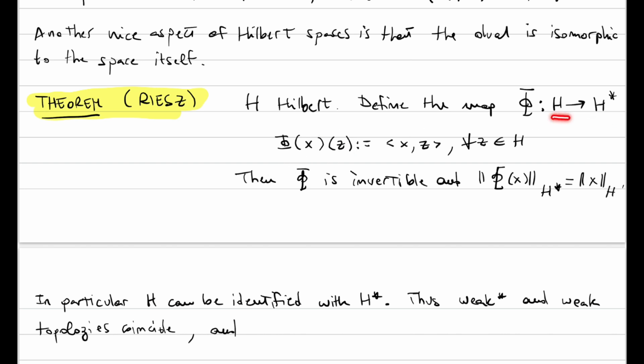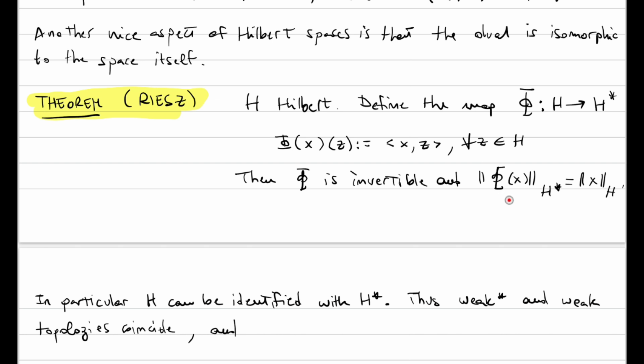For an element X, you define phi of X to be the linear operator which takes an element of H and outputs a real number. This real number is just the inner product between X and Z, for all Z in H. So phi is invertible and is also an isometry.